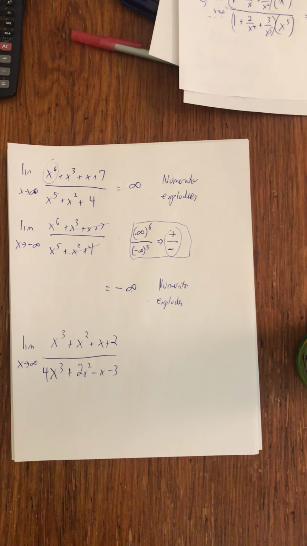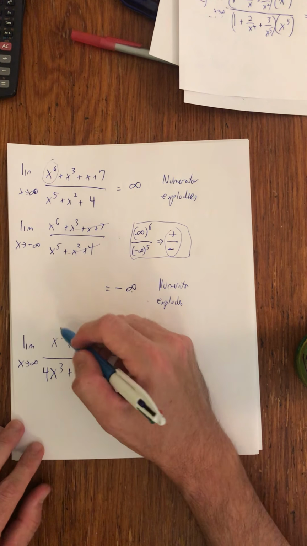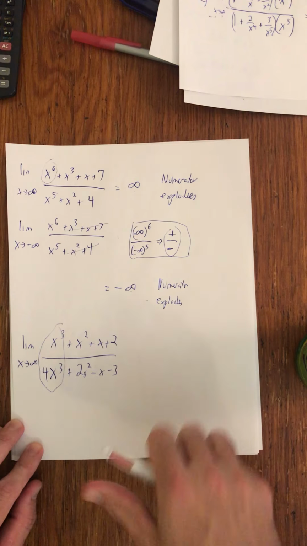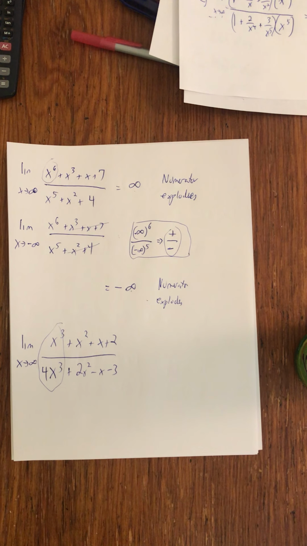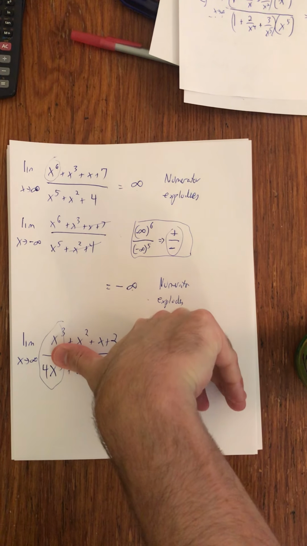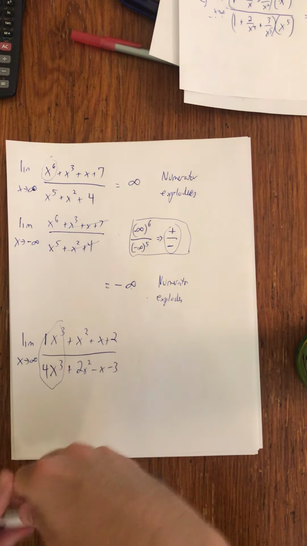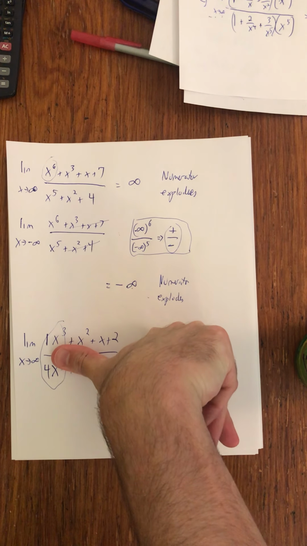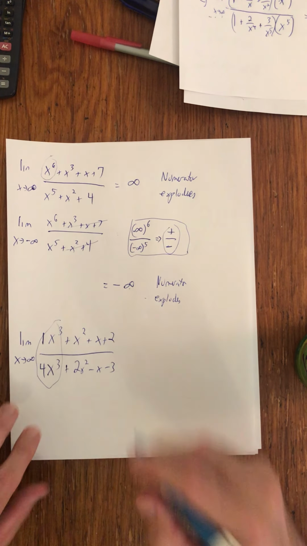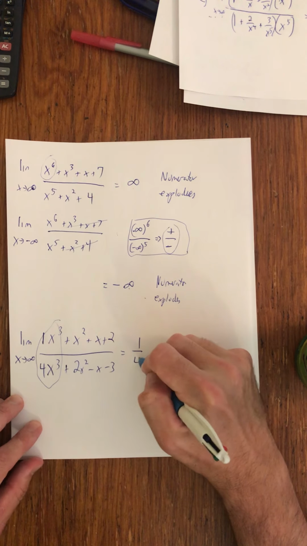And the shortcut here is looking at only the highest order terms. It's actually almost silly: if you just put your thumb over everything that isn't the highest order terms and look at just the coefficients of the highest order terms, there you have your answer. It's 1/4.